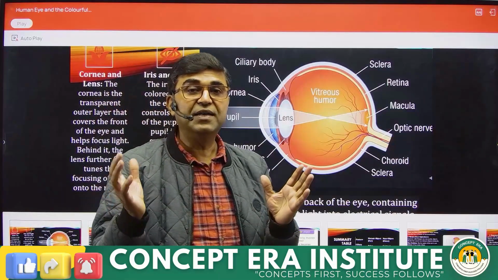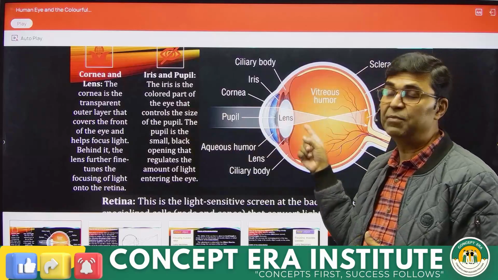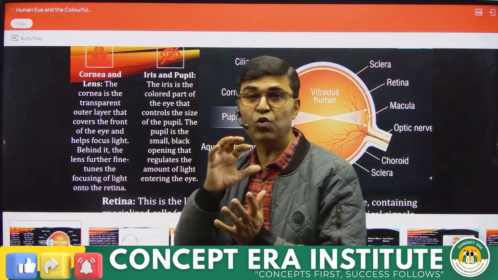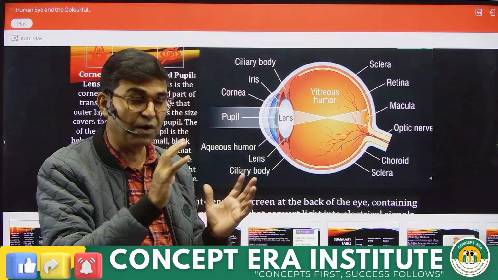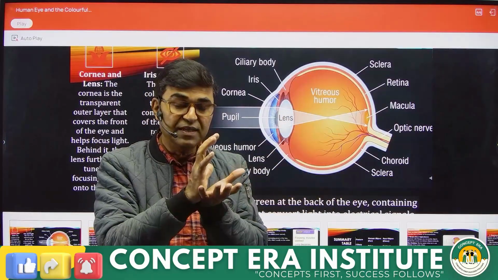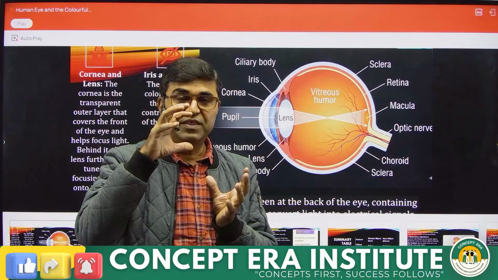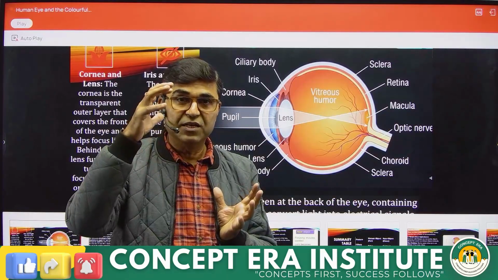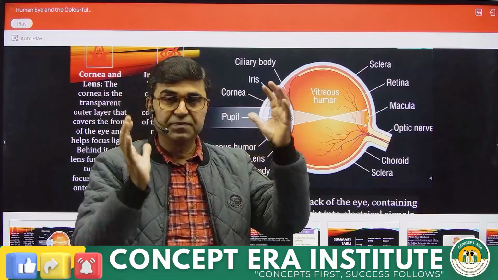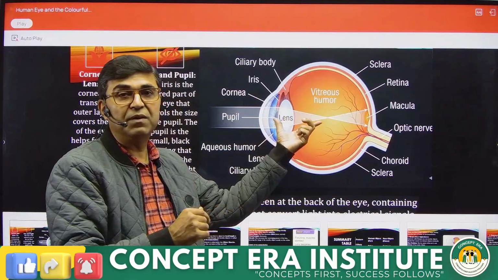Just like a tire grips the rim, in the same way, these ciliary bodies grip the lens and hold it in its proper place. Now, how does the shape of the lens change? The ciliary muscles, when they tighten, when they become stout, they compress the lens from all the sides. And due to this, the lens becomes thicker in the middle.